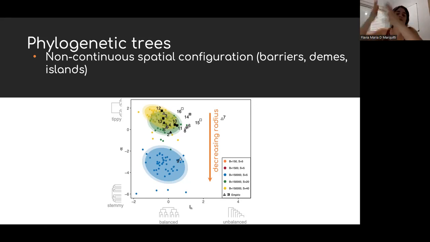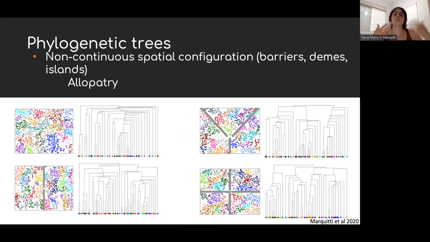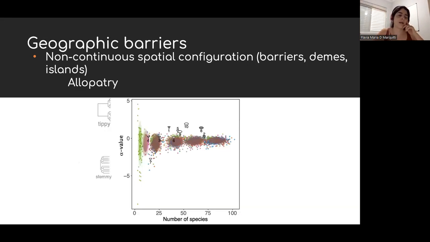Because I observed that the effect on the phylogenetic trees was related with the acceleration of the tree, I was expecting that when I imposed a more allopatric mode of speciation, I would observe some signature left on the acceleration mode of speciation. However, for my surprise, and maybe it was kind of obvious, this didn't happen.